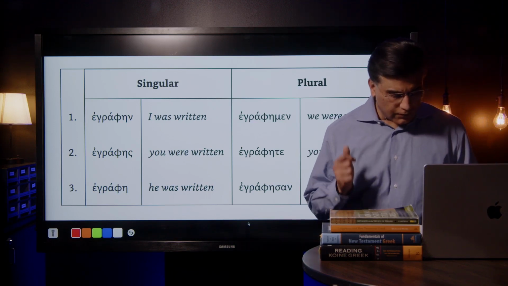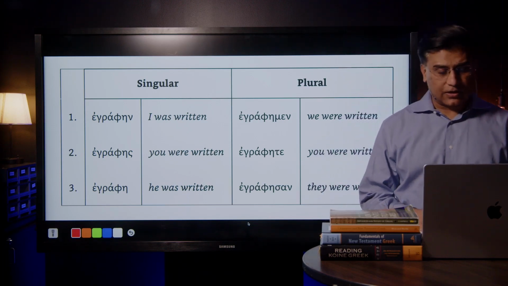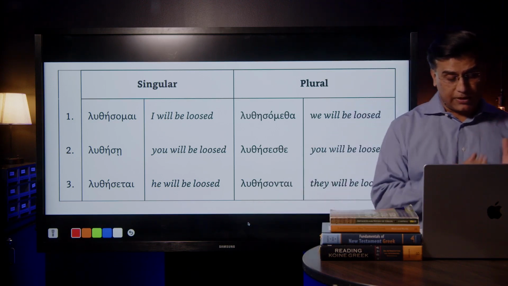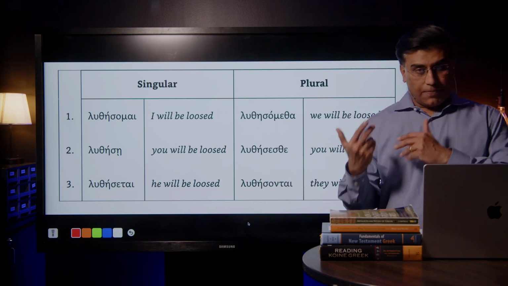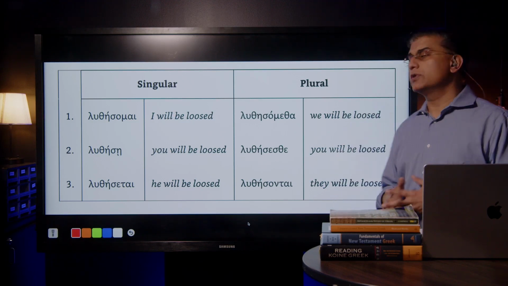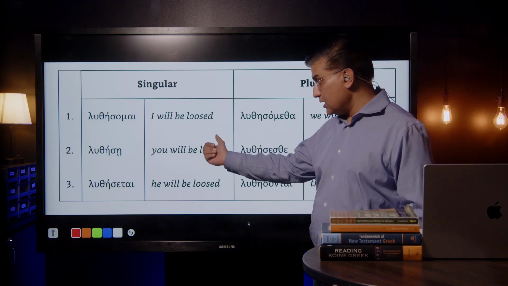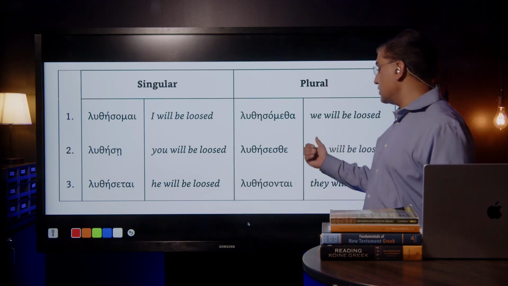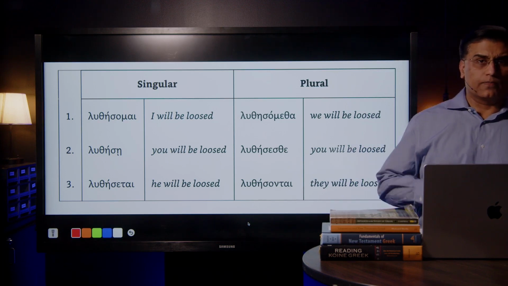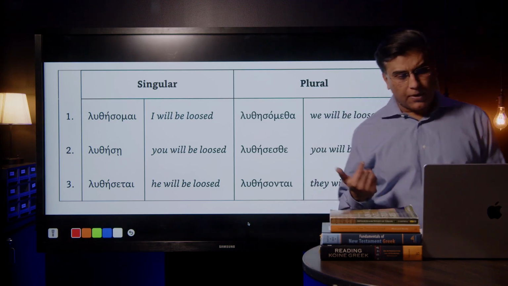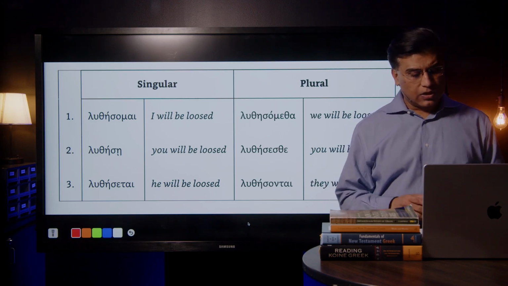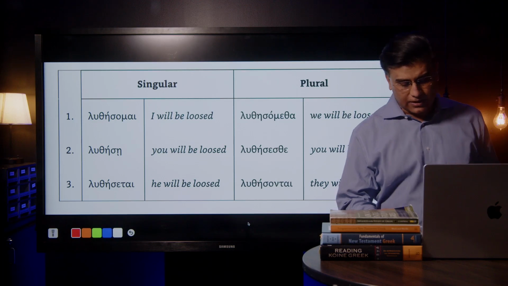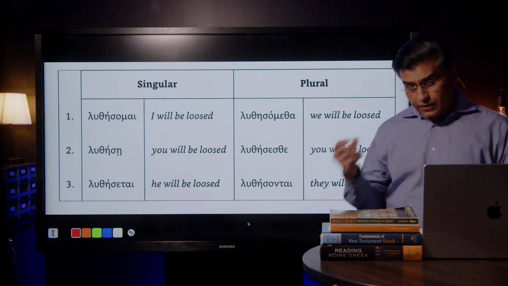And while we're on it, first future passive indicative of luo. How does that look? First future passive indicative, again based on this aorist passive, is luthesomai, luthese, luthesetai, luthesometha, lutheseste, luthesontai. So the sigma is there, but because it is future passive indicative, it has the theta in it.